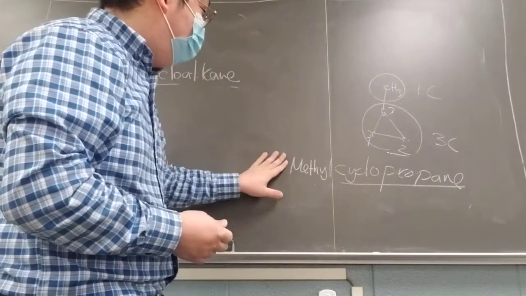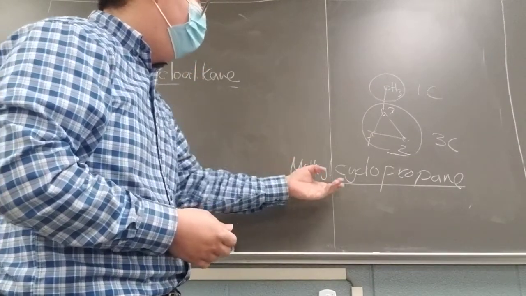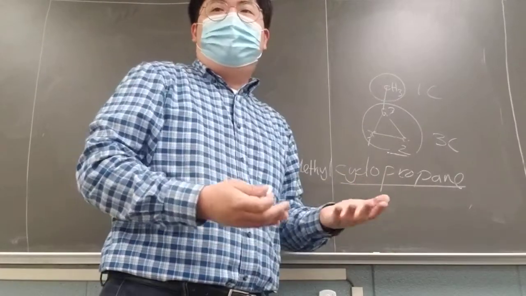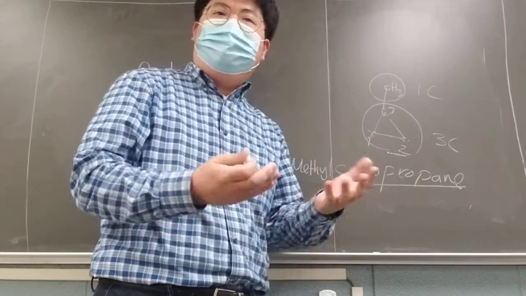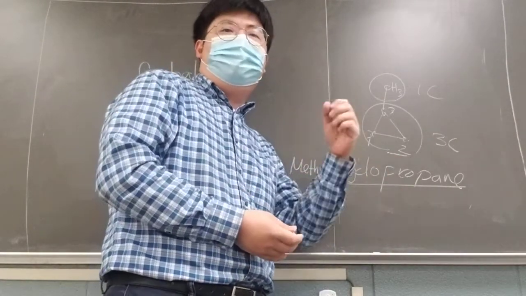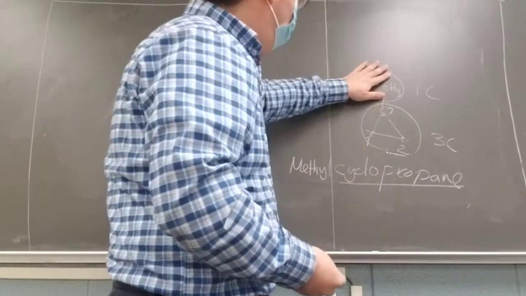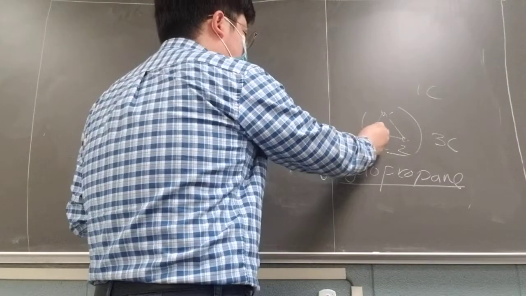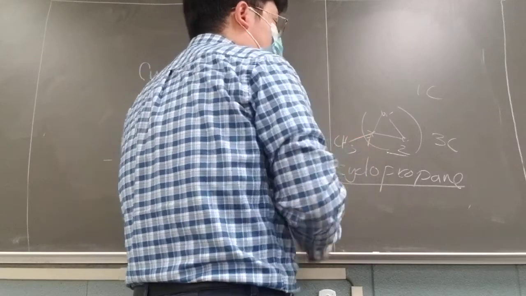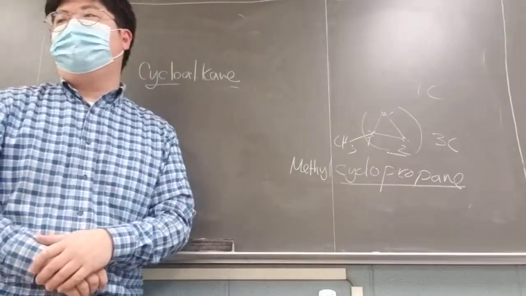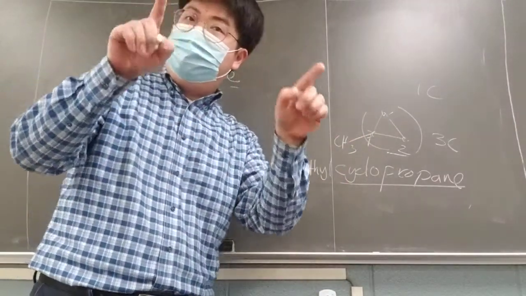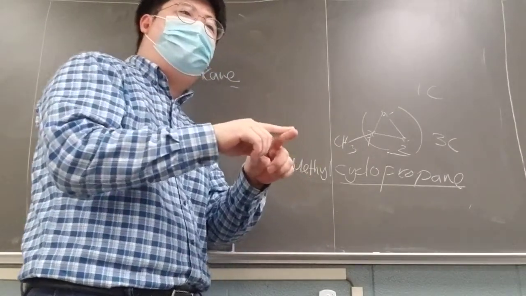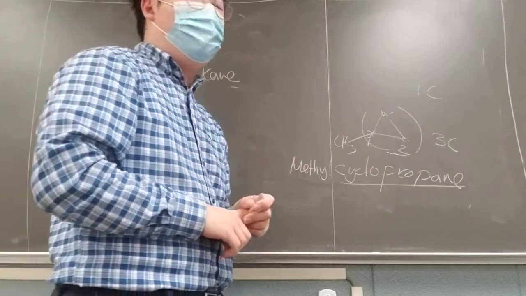And if I just say methylcyclopropane, people just know that's where the methyl is. There's no point indicating where the methyl group is. So if I change this one to here, it's still the same compound. It makes no difference, because it's a ring structure. It's slightly different from the regular alkane.